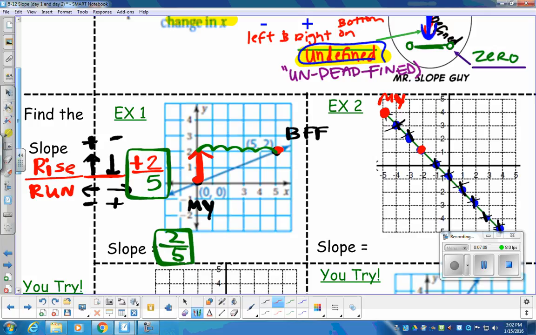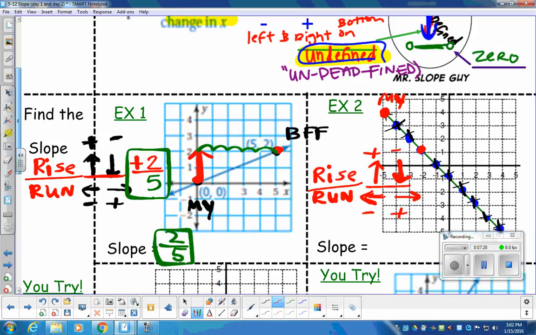Now you could have chosen any of them and you would have gotten the same answer, but we measure slope by rise divided by run. And the way we think about it is up and down on top, left and right on bottom. So we have a positive, negative, negative, positive.